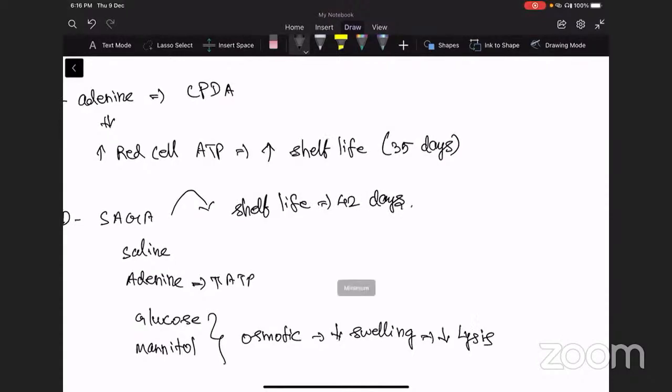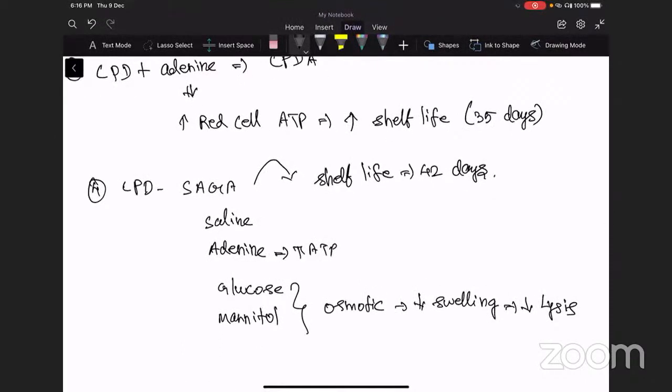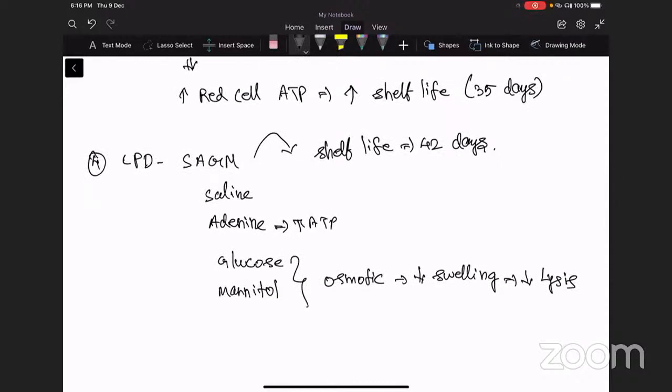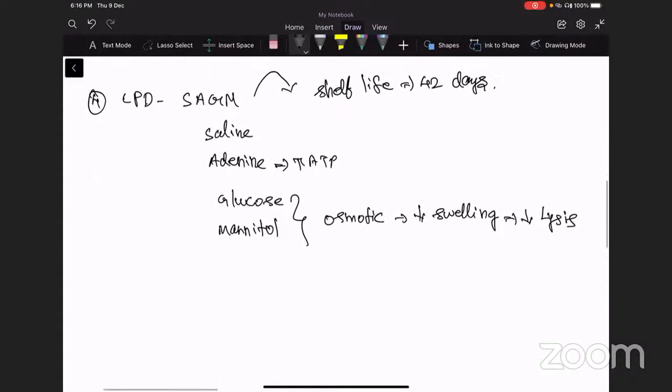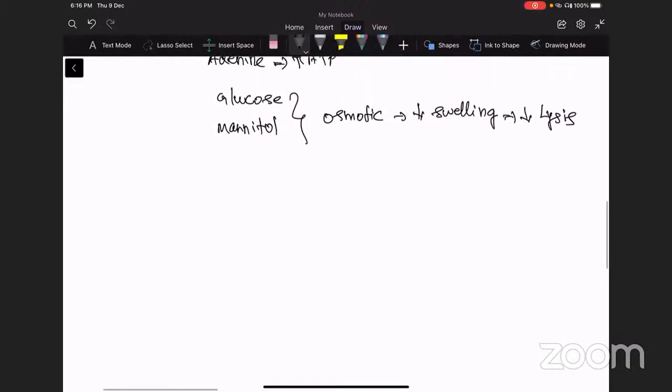And this is the most commonly used preservative, SAGM. This is with the preservatives.